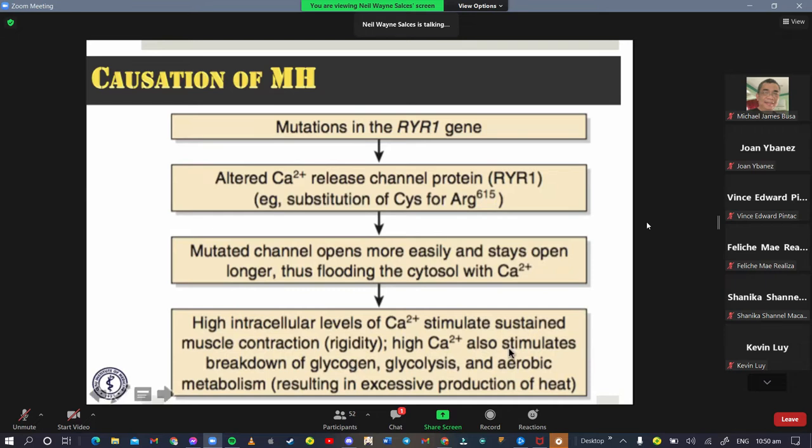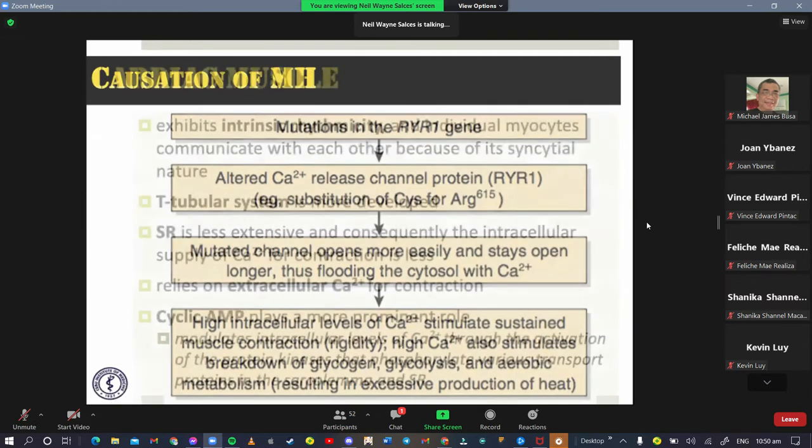Your high calcium also stimulates the breakdown of your glycogen, glycolysis, as well as aerobic metabolism that results in excessive production of heat. That is basically the pathophysiologic cause of malignant hyperthermia.